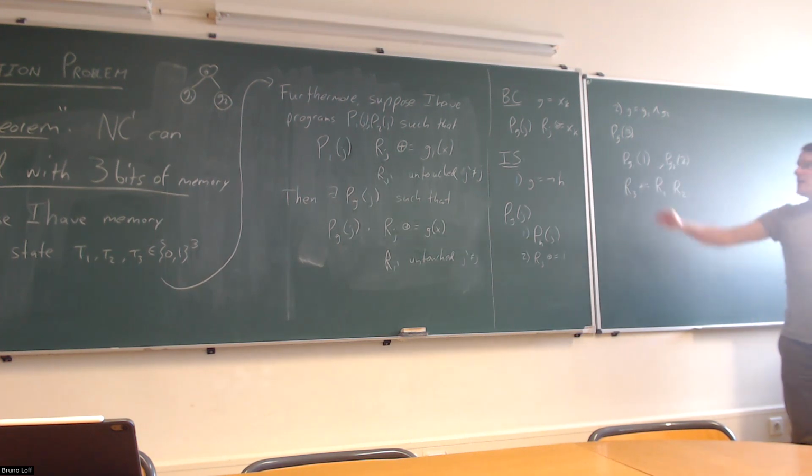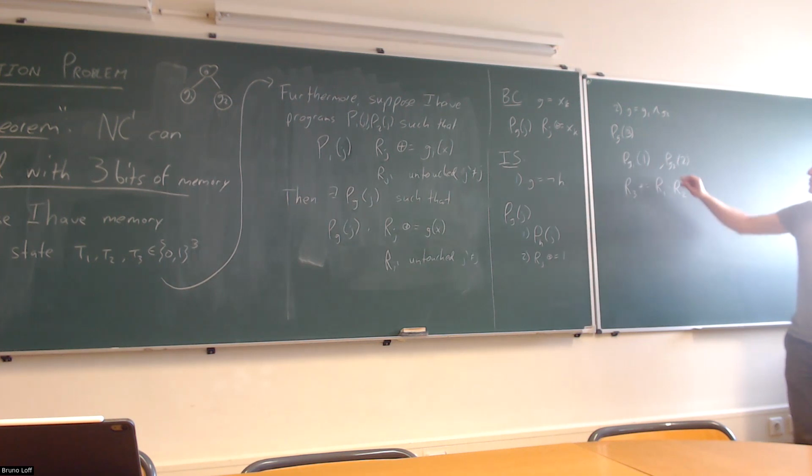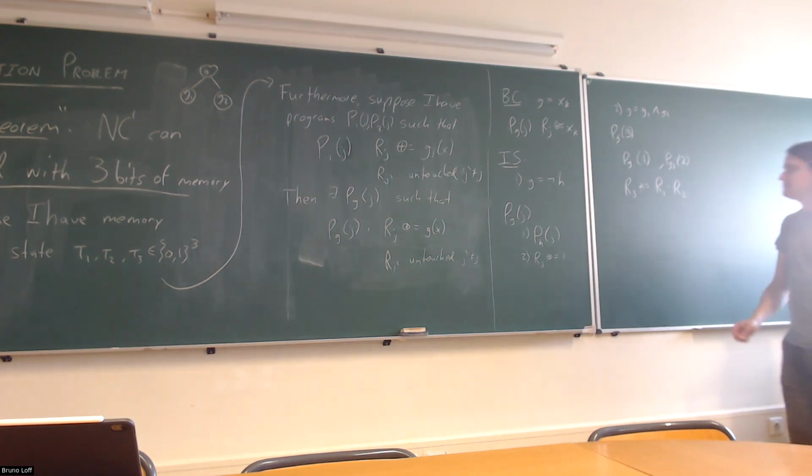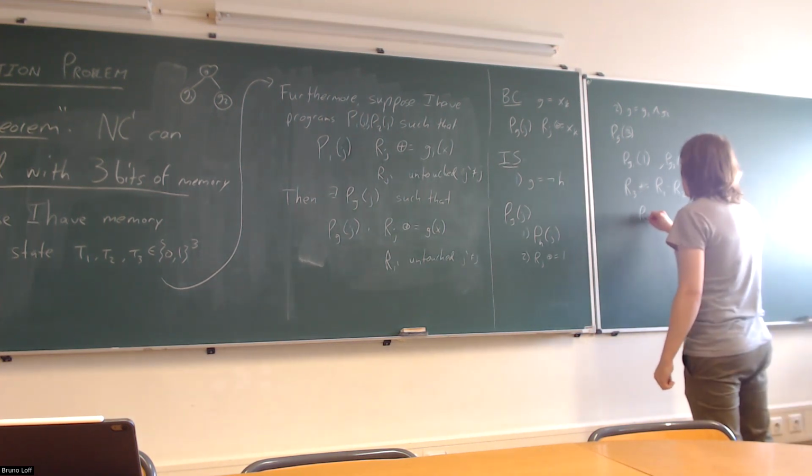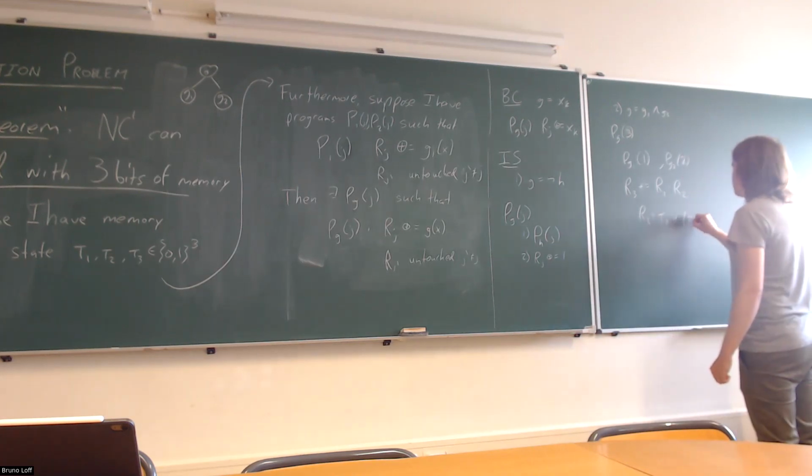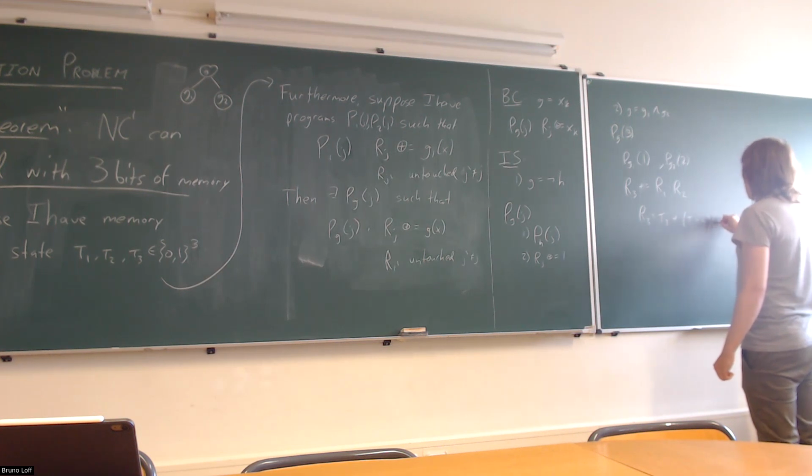Going to store the left child G1 in register 1. Going to store the right child G2 in register 2, and I'll multiply them together. So what happens? At this point, my memory is equal to tau 3 plus the product of tau 1 plus G1 times tau 2 plus G2.